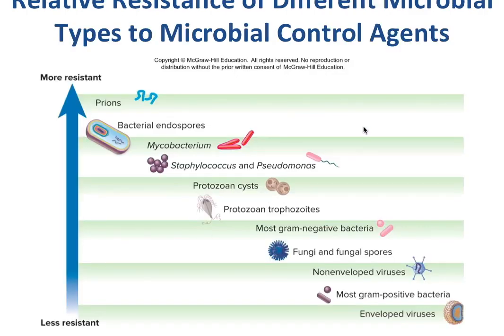Here we can see different microorganisms have different capacities to be resistant to the cleaning methods. The endospore and the prions are the strongest, and can be resistant to all these cleaning methods.